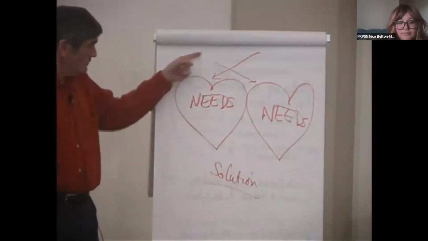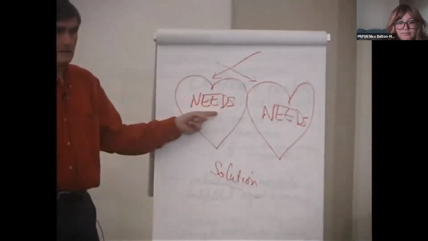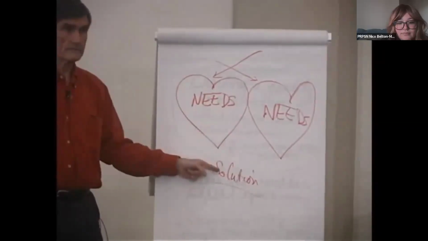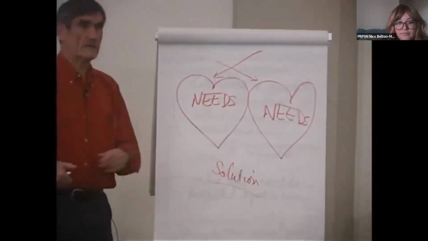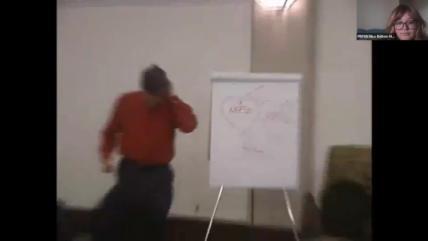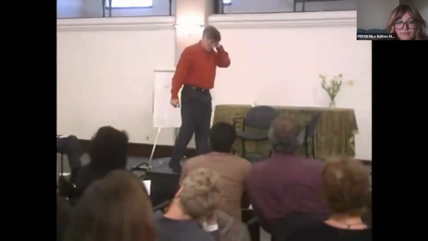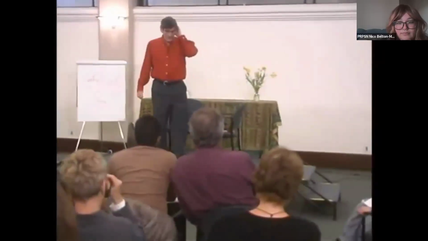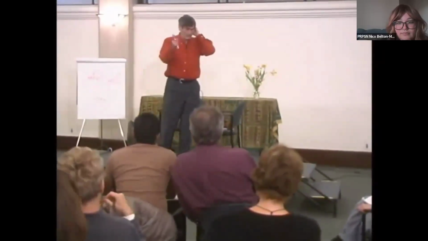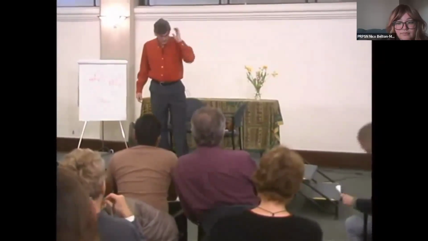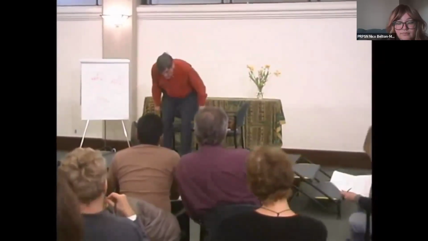But what most of us do, we skip this and go right to here. For example, I sometimes do workshops just with married couples or other people living together in a love relationship. And what we do to begin the workshop, we identify the couple who has had a conflict, the longest outstanding conflict that could not be resolved.